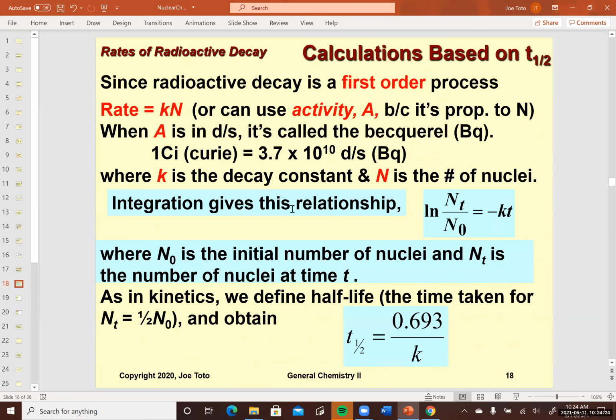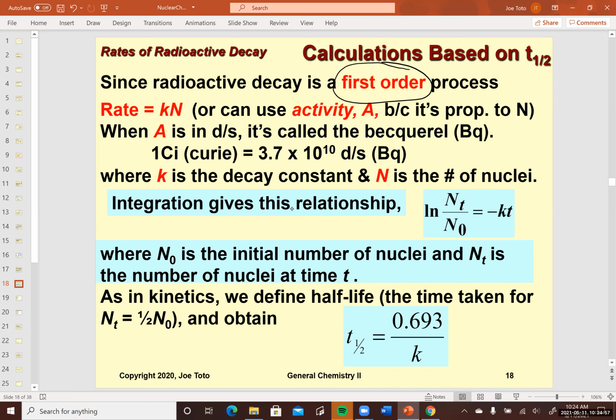Next thing we should probably talk about is that radioactive decay is a first order process. And you know about kinetics, and you know about different order processes, that concentration depends on the rate. But now we're talking about not a rate of reaction, we're talking about a rate of decay. And the concentration that we're looking at is the concentration of the radioactive particles.